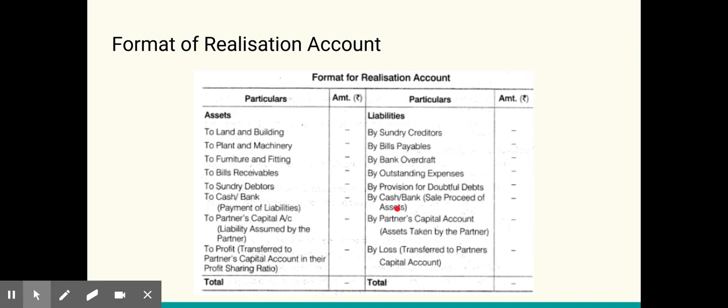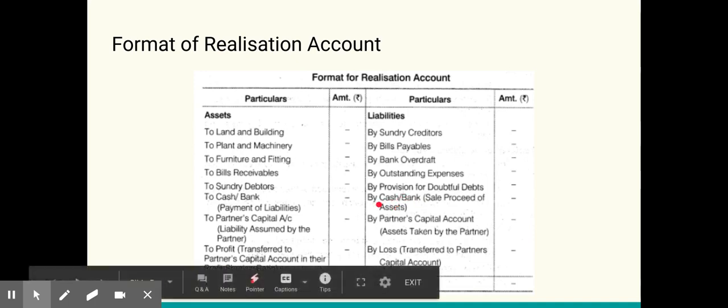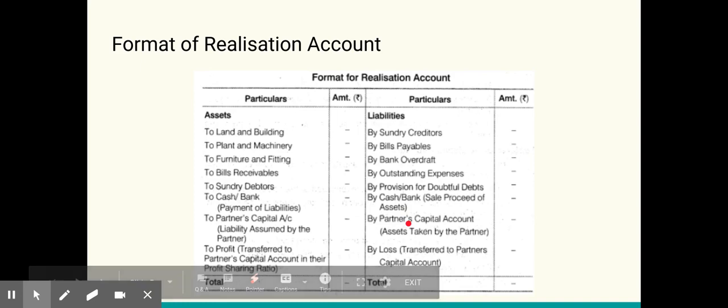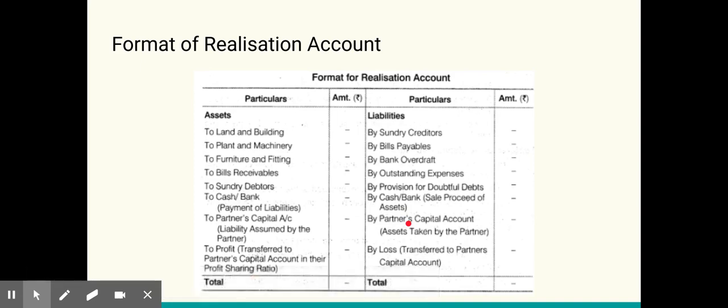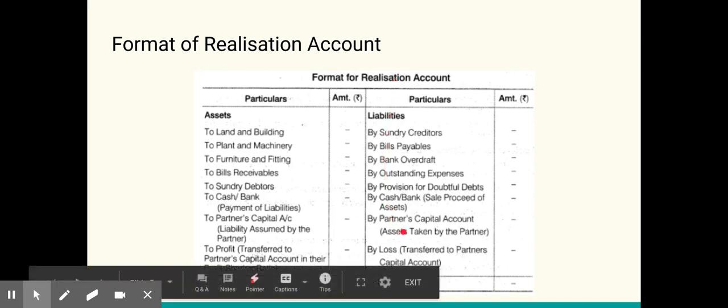Since in the journal entry the realization account is credited, the cash or bank is coming on the credit side of realization account. If an asset is taken by a partner, then the journal entry will be partner's capital account debit to realization account. In the realization account ledger, it is written on the credit side of realization account.